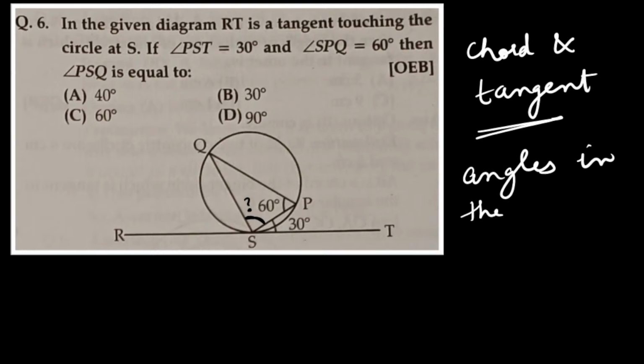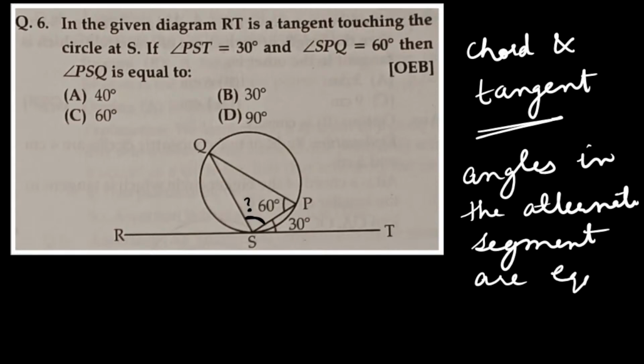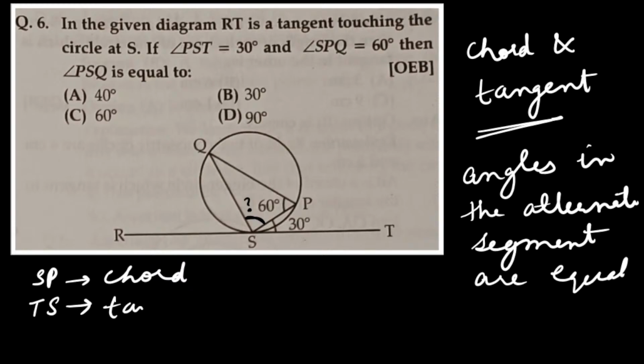Here I can see SP is a chord and TS is a tangent, and we have angle SPT equal to 30 degrees. SPT or TSP you can write. By mistake I wrote the wrong name. So PST, you can write angle PST is 30 degrees.